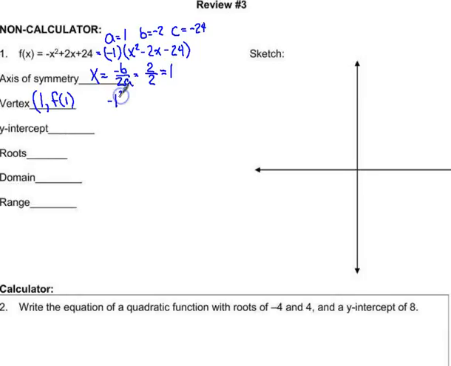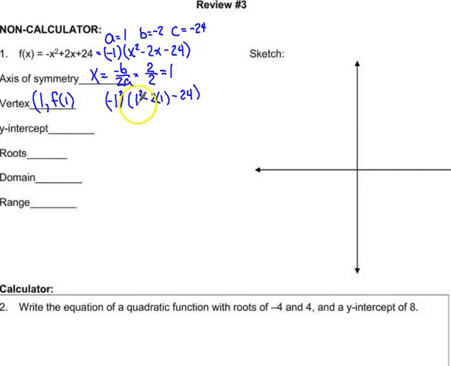We have our -1, and we're going to do 1 squared minus 2 times 1 minus 24.